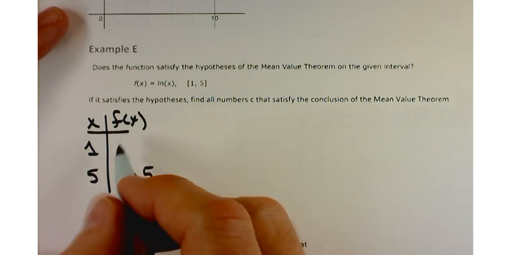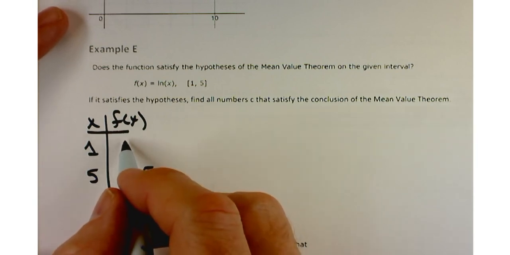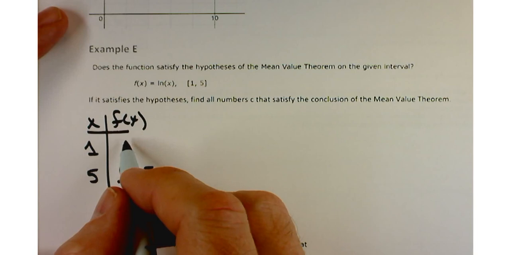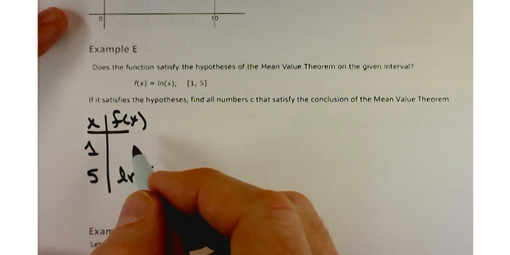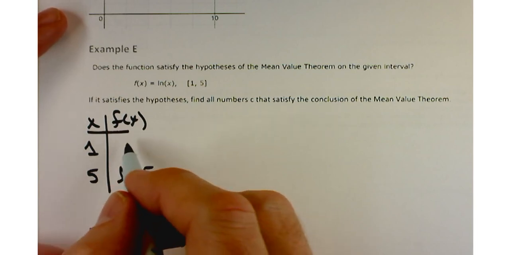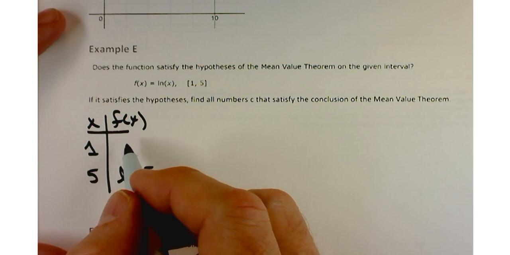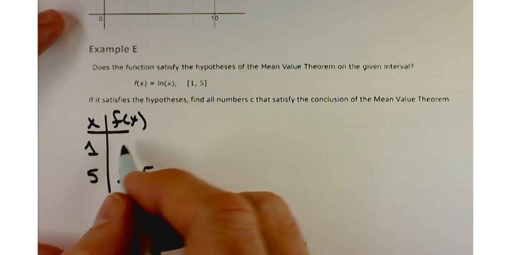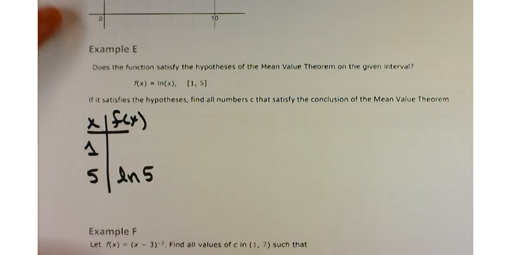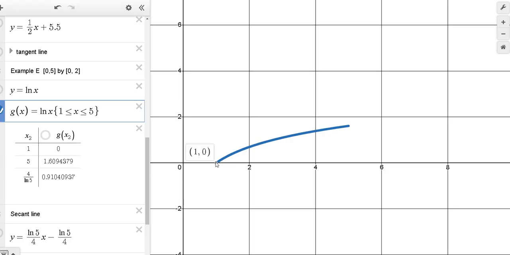What is the log of 1? Check it out on your calculators if you don't know it. Elaine? Log of 1? While you're looking at that, let's take a look at the graph. Log of 1 is 0.